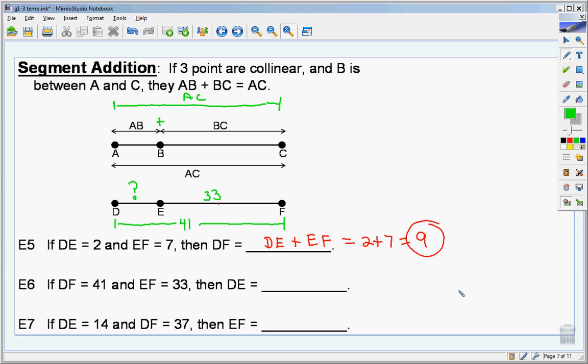How would I find this one? I'm going to end up subtracting 33 from 41. Algebraically speaking, if I put a variable there, this would say x plus 33 equals 41. But if you can see it, all you're going to do is what? Subtract 33 from both sides, and DE is going to be 8.